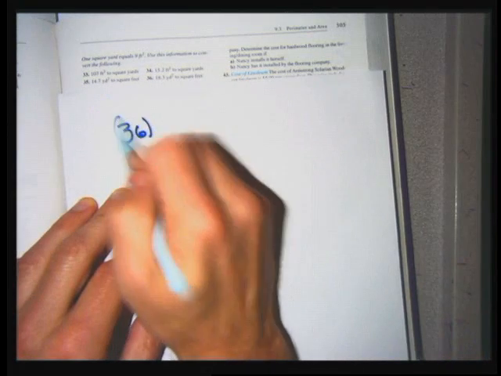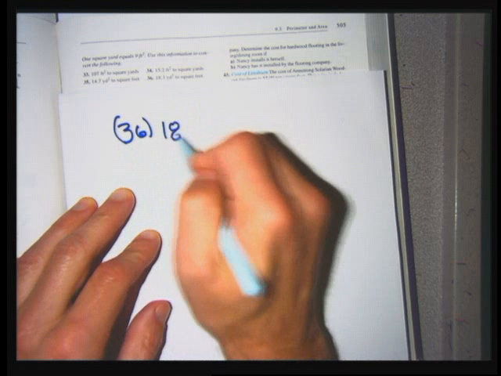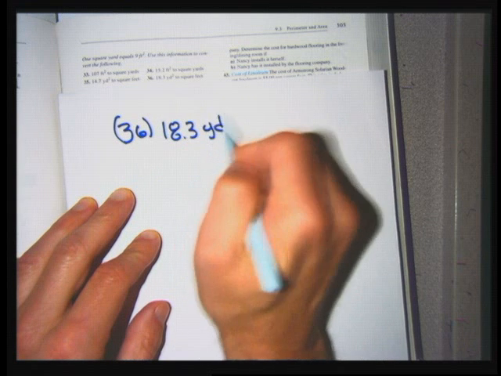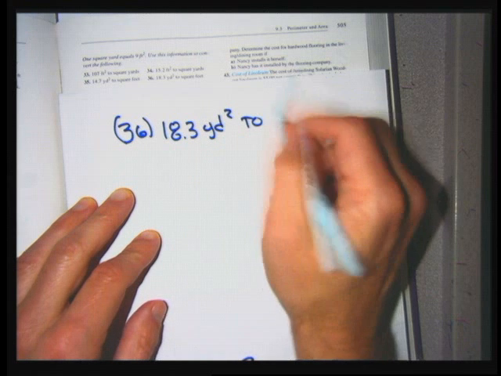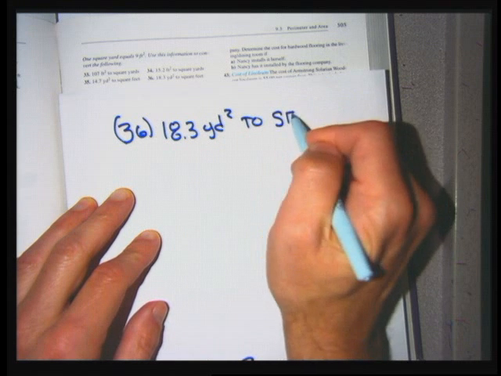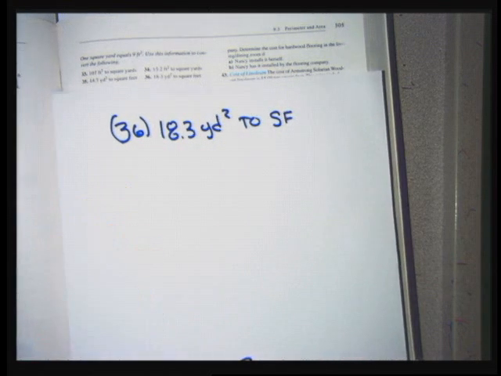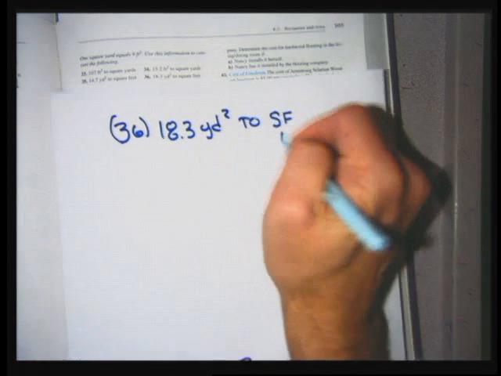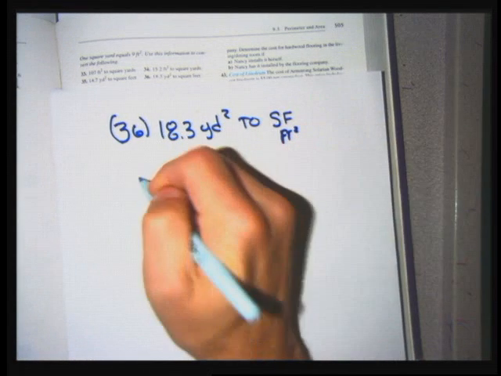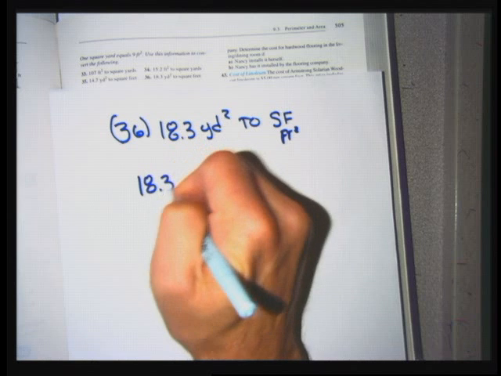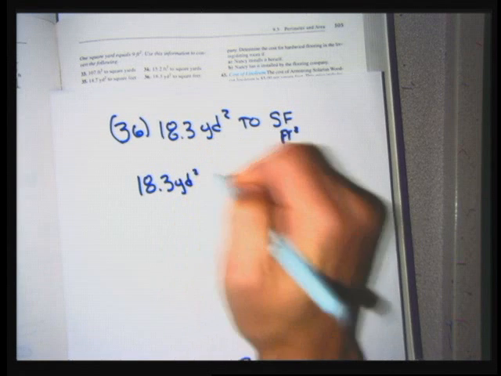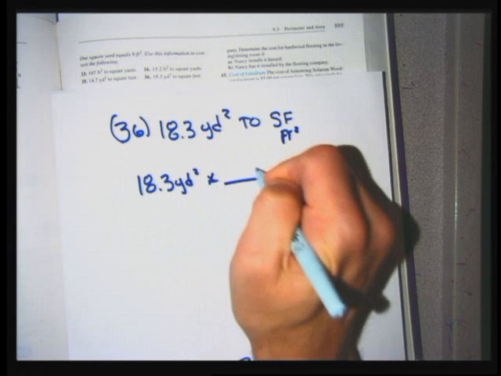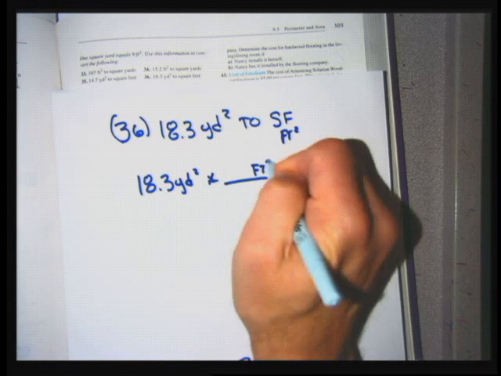36 wants me to convert from 18.3 yards squared, square yards, to square feet. I did SF for square feet, but I could have said feet squared. So I'm going to start with the 18.3 yards squared that I have, and I'm going to multiply by the unit. In the numerator, I'm going to put the unit that I want, which is feet squared.